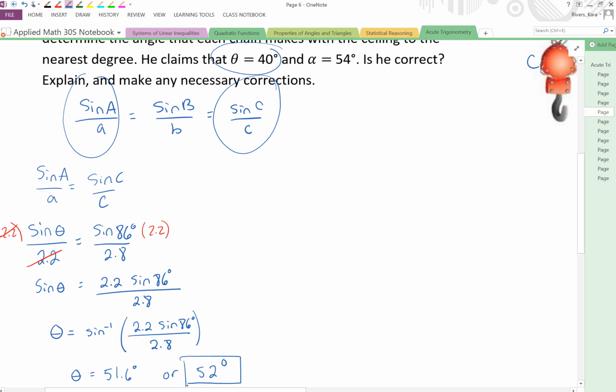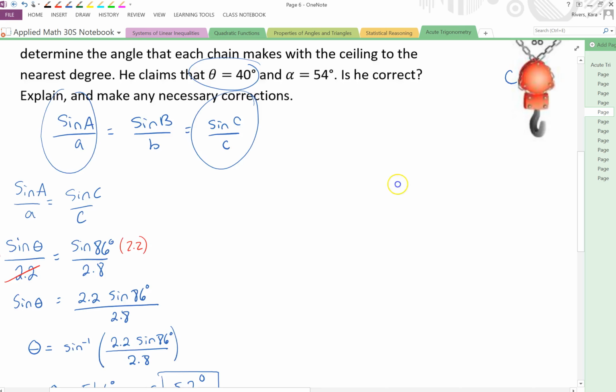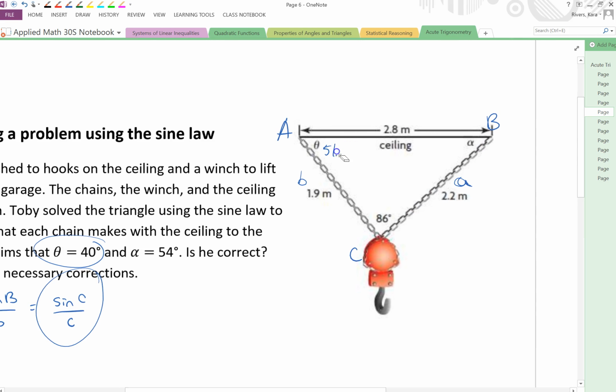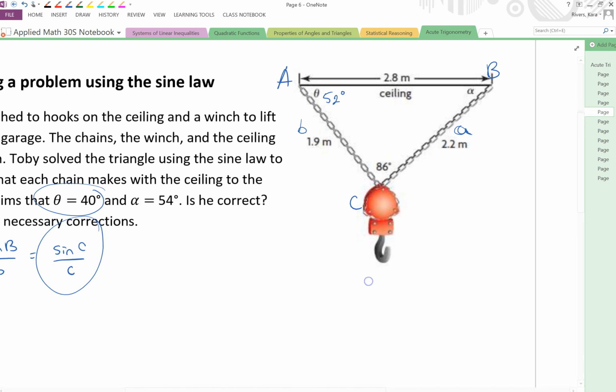Now, we can go ahead and do this all over again using sine B and sine C and solving for that. But if we look at our question here, instead of 51.6, I'm going to put 52 here. If we look at our diagram, well, if I know 2 of the 3 angles in a triangle, then we can just use our sum angle formula to find that third angle.